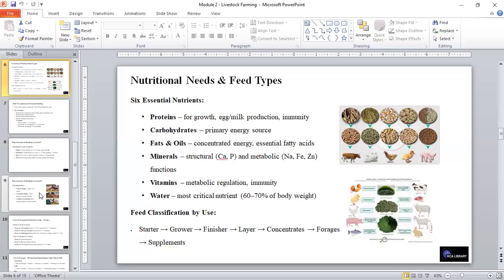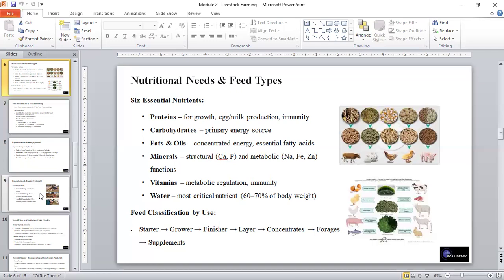The feed classification by use for livestock farms and farm animals includes starter. This is the beginning phase of the animal. So the feed given to the early or young animal is called starter feed. And when the animal grows to a certain stage, we give the grower feed.